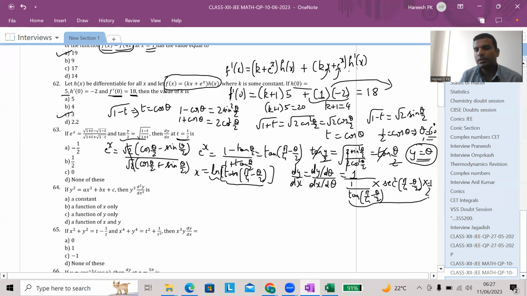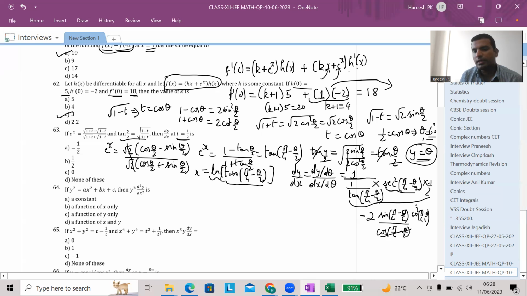Now the denominator will go to the numerator. So I'll end up getting minus 2 tan of pi by 4 minus theta by 2. I shall write tan as sine by cos, and the secant square, which is in the denominator, I will transfer it to the numerator and it will become cos square of pi by 4 minus theta by 2.